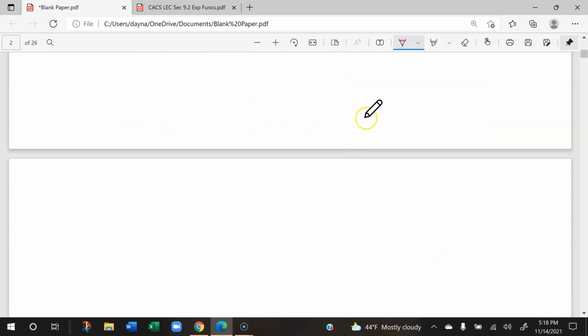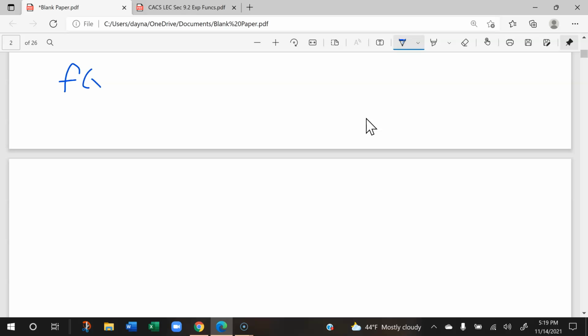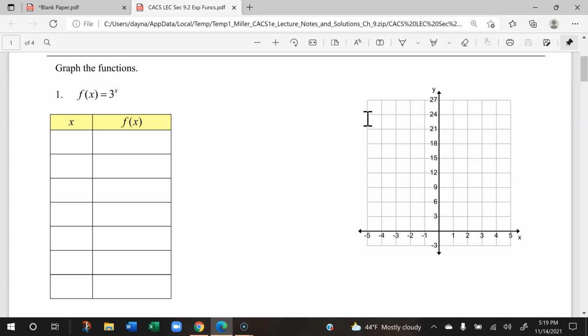So let's think about the function f of x is equal to 3 raised to the x power. If I want to graph this, I can plug in some numbers.